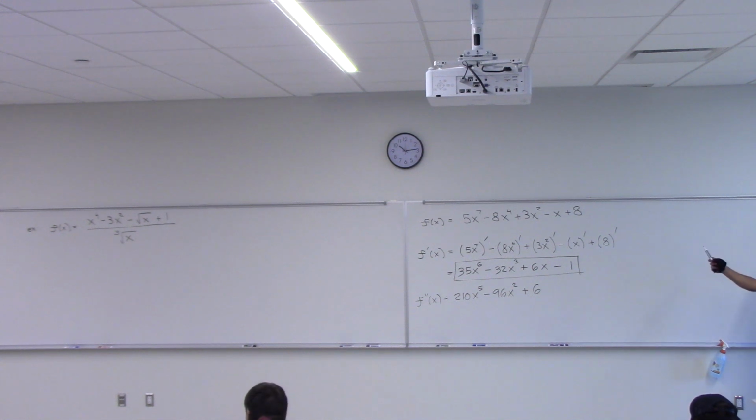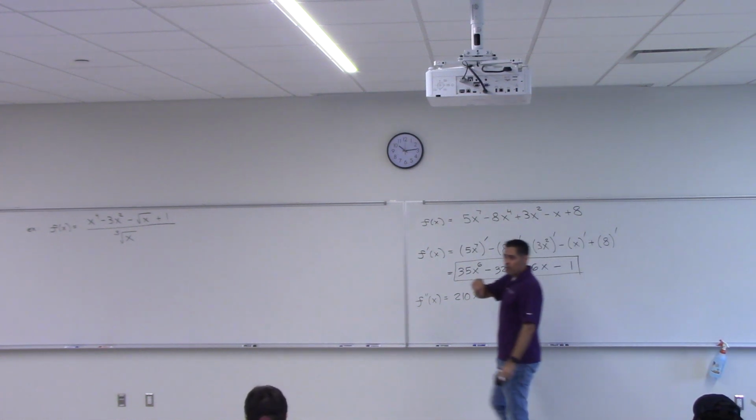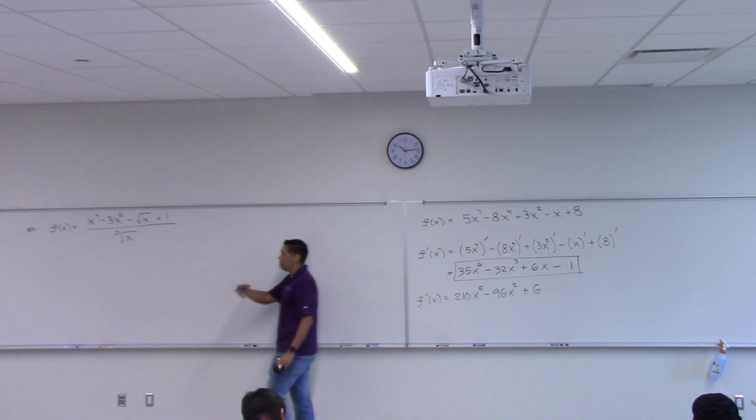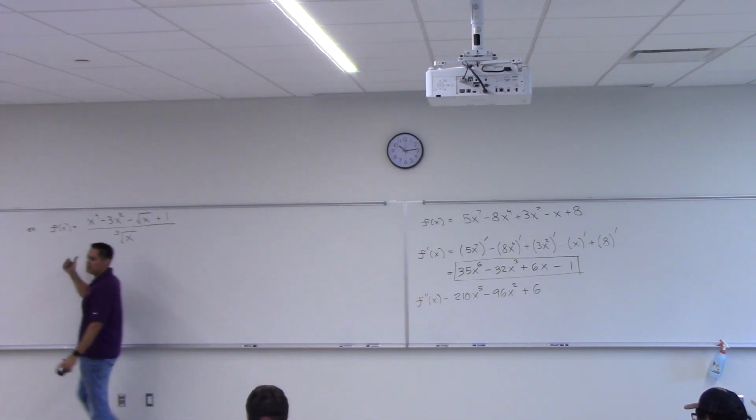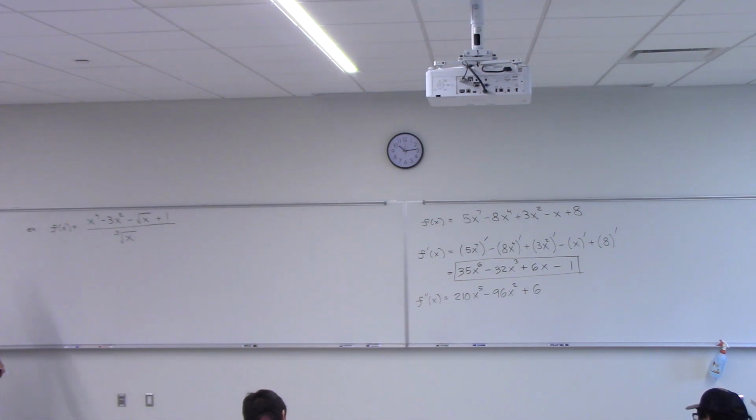I promise you a problem like this on your test. Promise. When I test my students to see if they understand the power rule, this is the type of problem I give them.